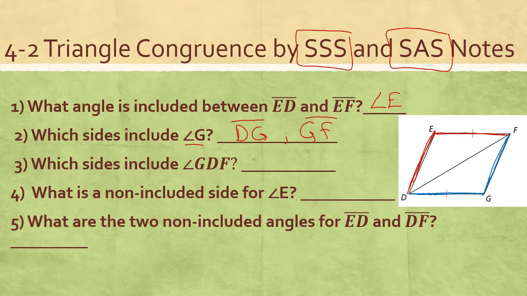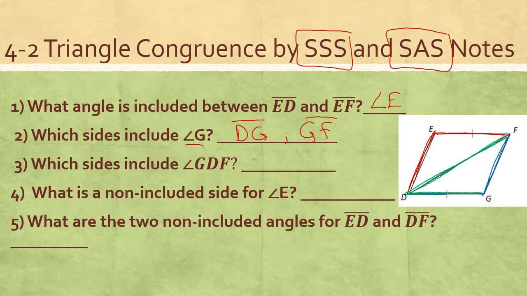So DG and GF. Okay, which sides include angle GDF? Using, I don't know, green, angle GDF is right here. Notice how we couldn't just say angle D because there's a bunch of angles there.